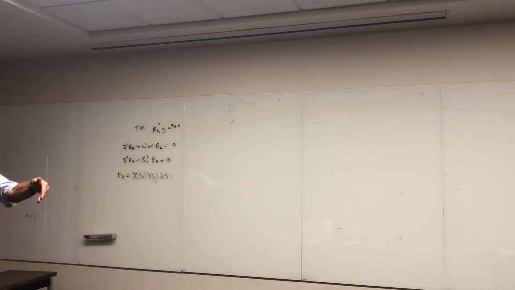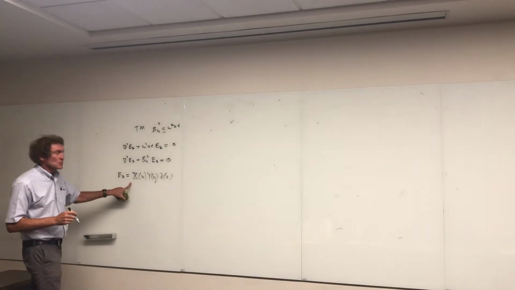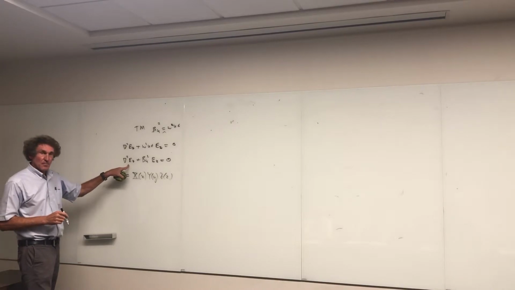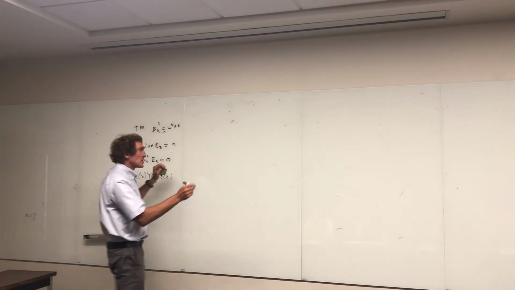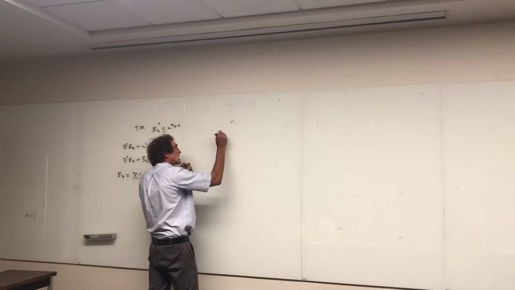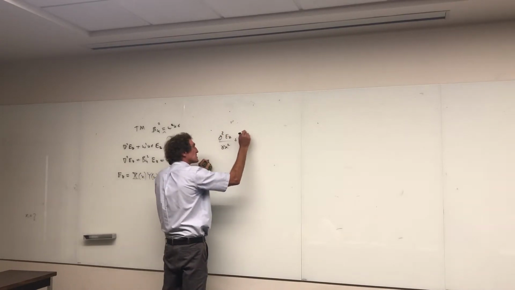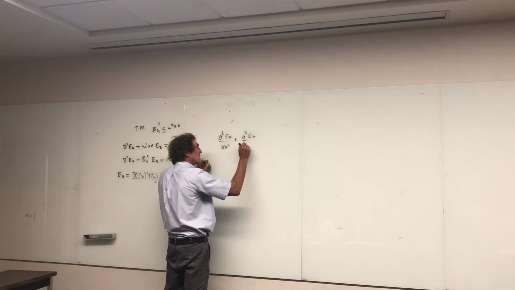If it doesn't work, you won't be able to. That's the thing with separation of variables. You don't know if it's going to work until you try it. So that's my assumption. Now I go ahead and put it in here. Now del squared of Ez really is the second derivative of Ez with respect to x squared plus the second derivative of Ez with respect to y squared.